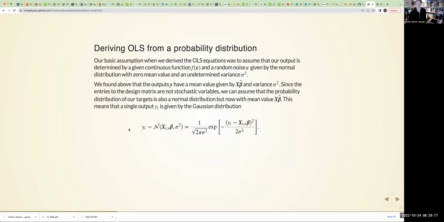Now the way we set this up then is that we have now inferred from the mean value of the output variables y of i with a given input and the parameters beta, the optimal parameters, then we can find a probability which determines a given output y of i in terms of a normal distribution.